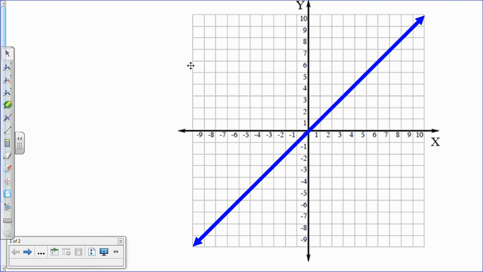Can I graph a line in point slope form? Sure I could. All I need is a slope and a point. Don't I get that from here? We don't ever do it though. We always try to put it in slope intercept form, right? That's real easy to do from there.